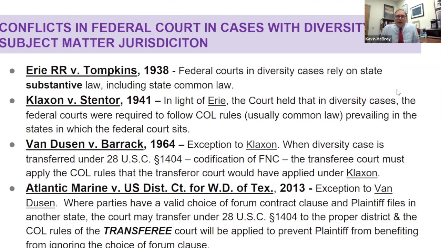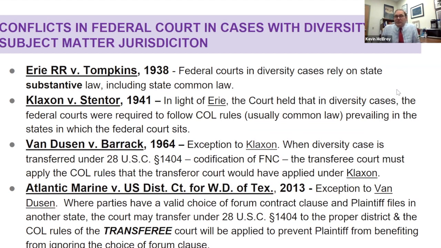The court can transfer it under 1404, but it could only transfer to the Southern District of New York because a federal court can only transfer to another federal court. It can't transfer to New York State Court, but it could transfer to the Southern District of New York, okay? And it should in that case, under 1404.